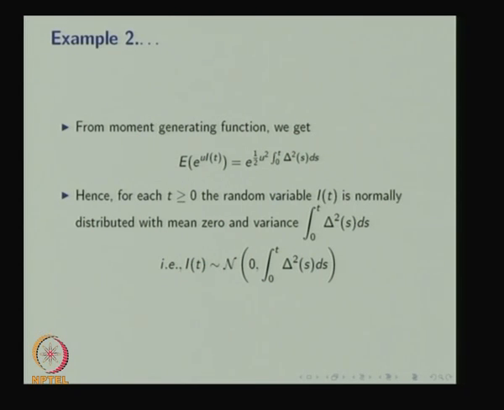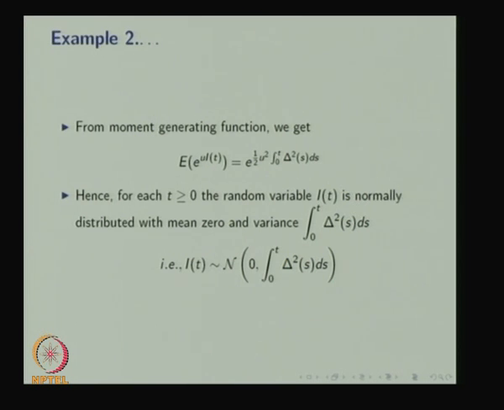Therefore, we can conclude that for each t, I of t is normally distributed. Now compare this with the moment generating function of a normally distributed random variable with mean mu and variance sigma square. By comparing the MGFs, you can conclude what the mean and variance of I of t are.